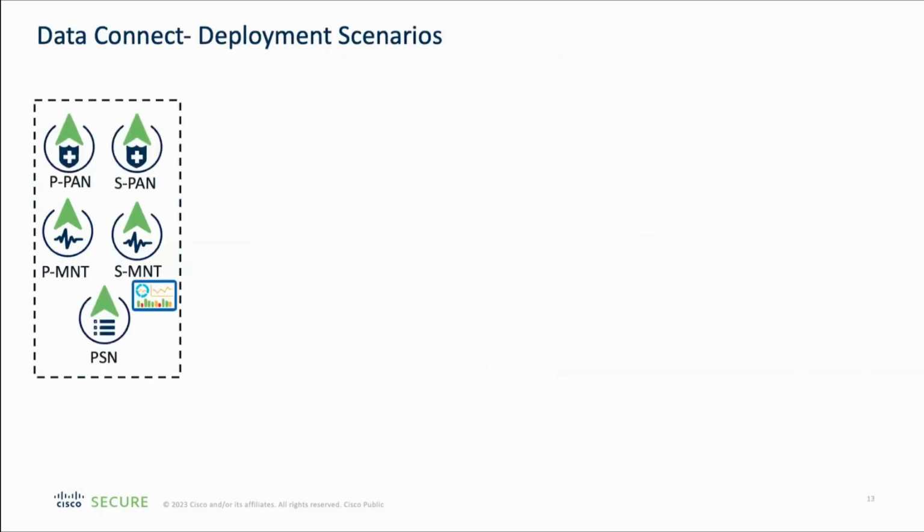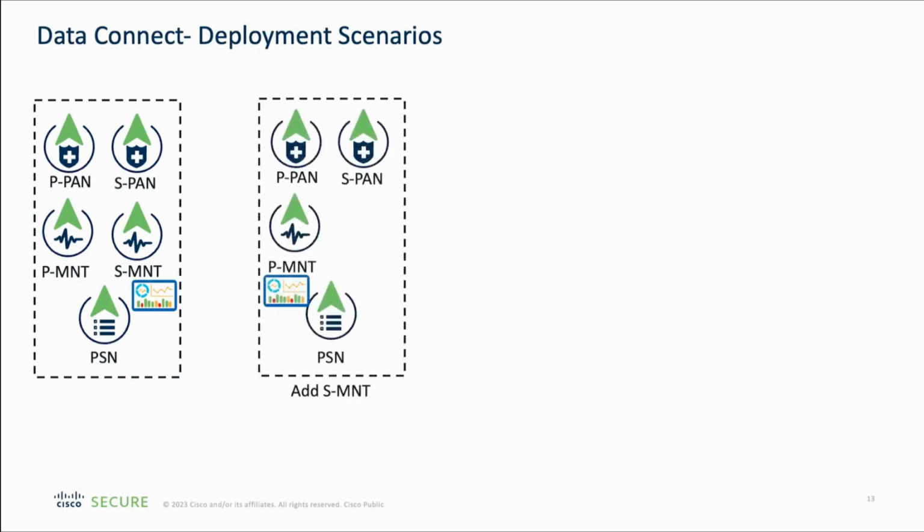In a normal scenario, and this is very common for large, medium, or even some small customers, they are considering having not one, but two MnTs. So in a normal scenario, as I mentioned, we are going to have DataConnect working on the secondary MnT. Again, this is by design. But what happens if we don't have a secondary MnT in our initial deployment?